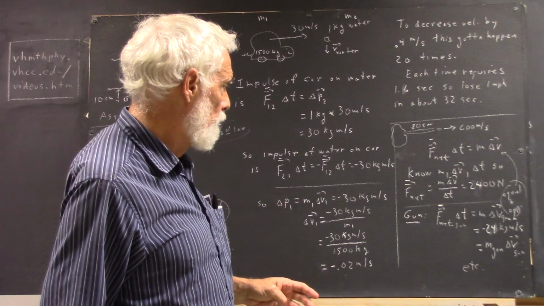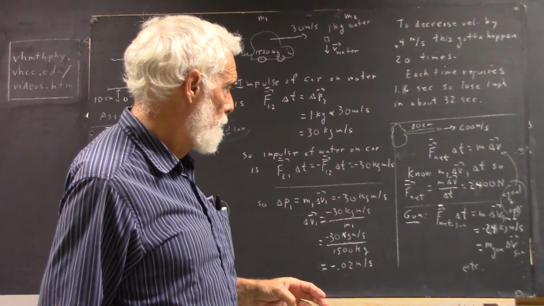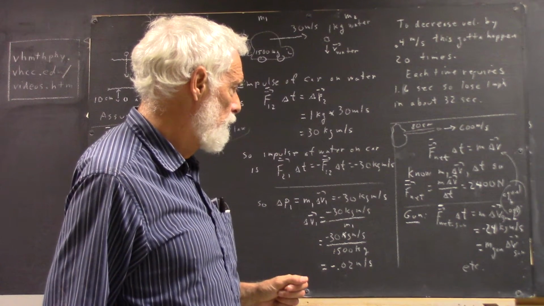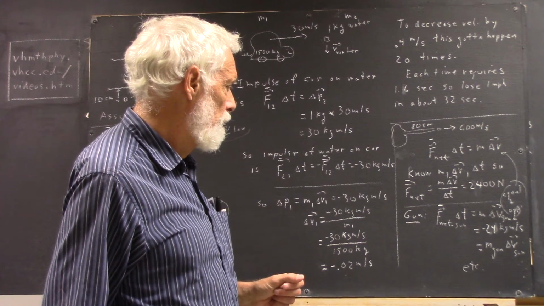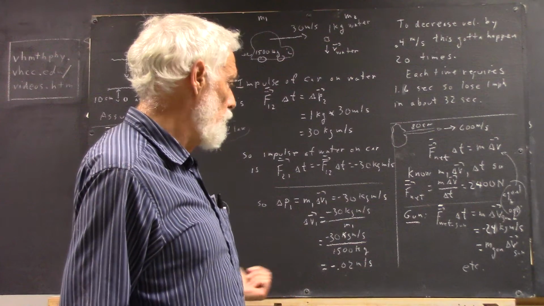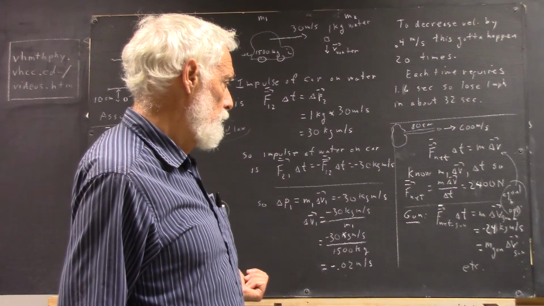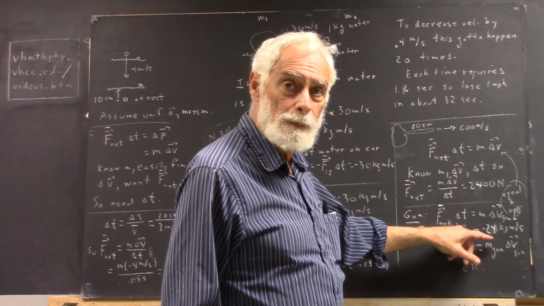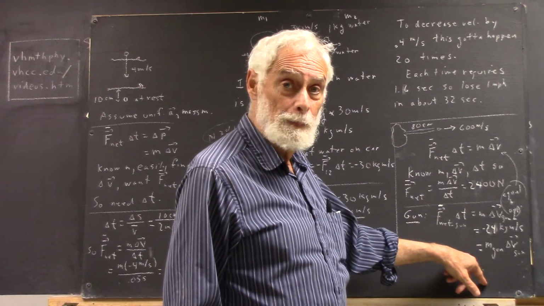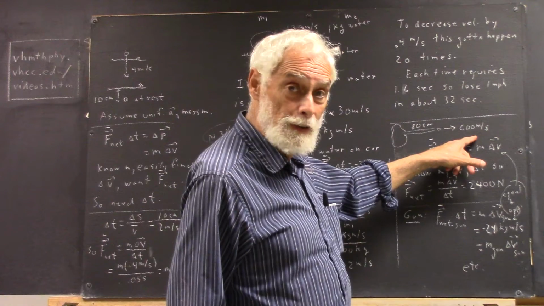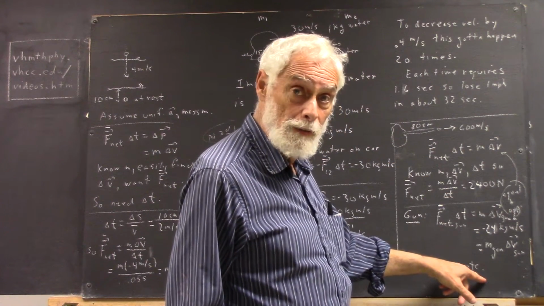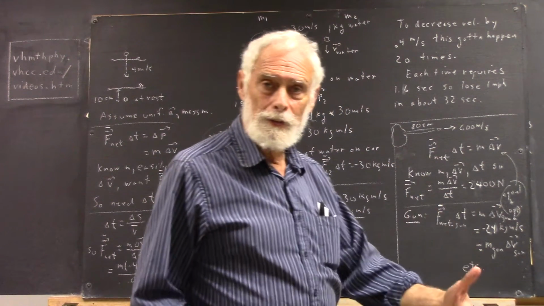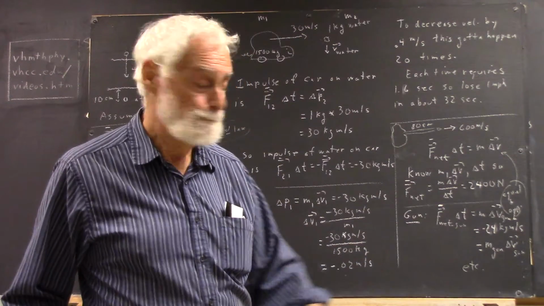And is that really true? The bullet's 40 grams. The gun is 4 kilograms. I'm sorry. Yeah, the gun's 4 kilograms, its velocity would be 6 meters per second, so that the velocity of the bullet is 100 times that of the gun, because the mass of the gun is 100 times that of the bullet.